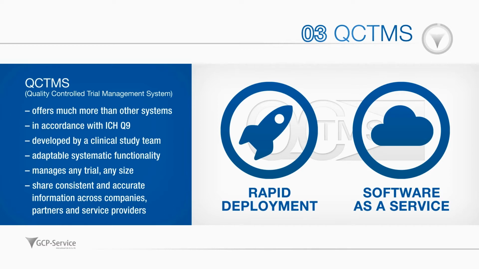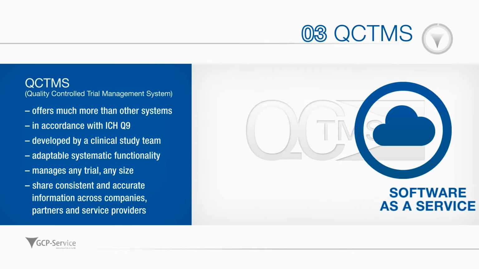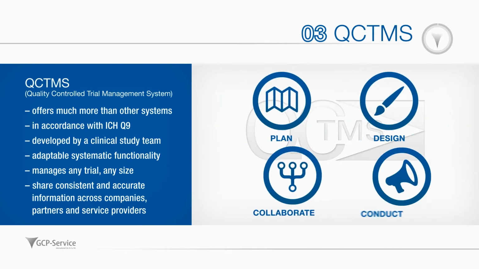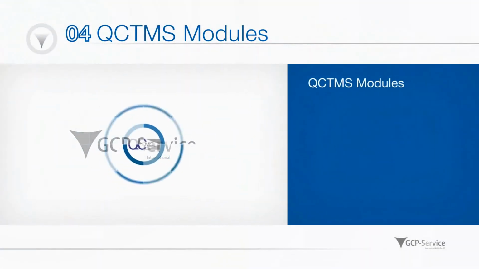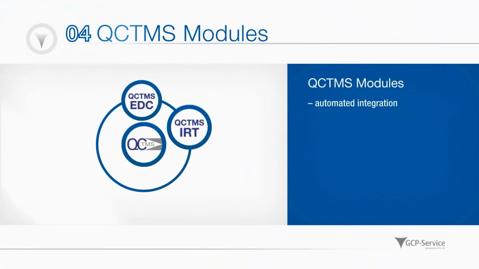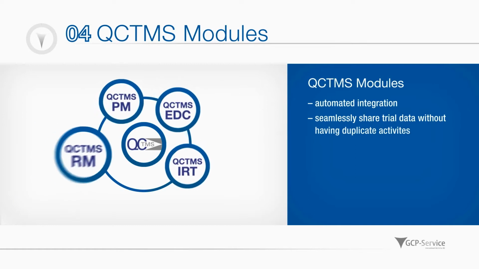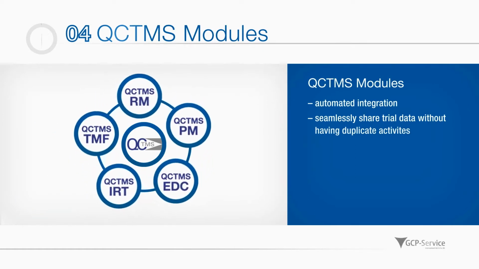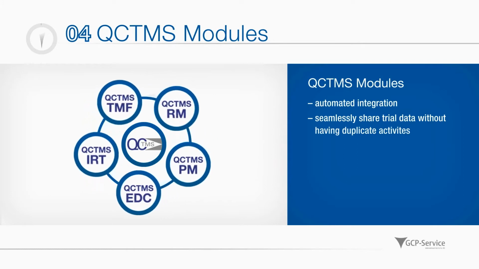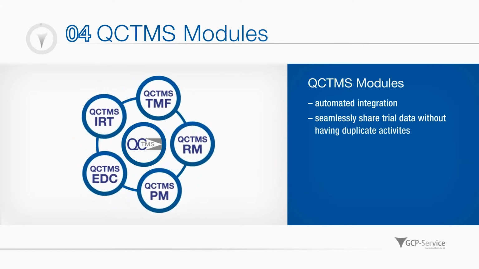Designed to maximize the benefit of natural trial process workflows, Qctms enables users to plan, design, collaborate, and conduct their clinical trial programs from a single point. The automated integration of the different Qctms modules allows users to seamlessly share trial data without having to duplicate activities, helping your entire organization benefit from the true power of Qctms.